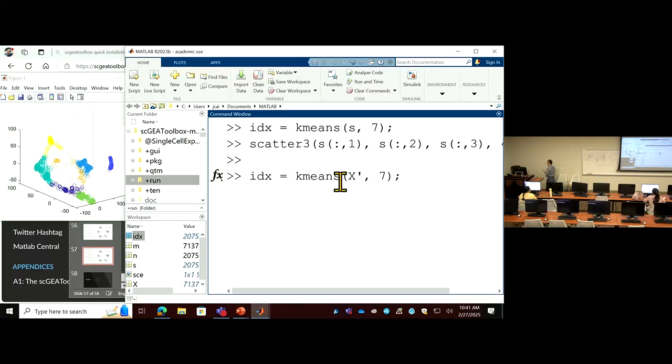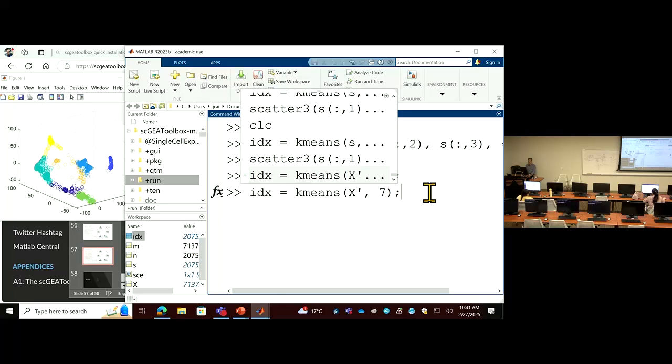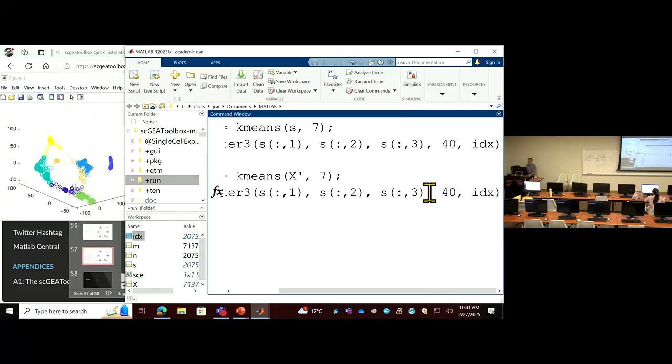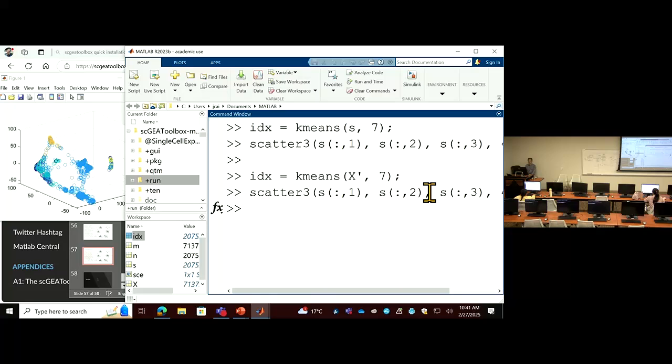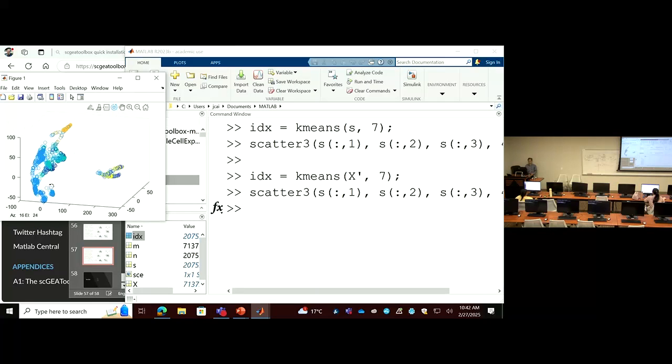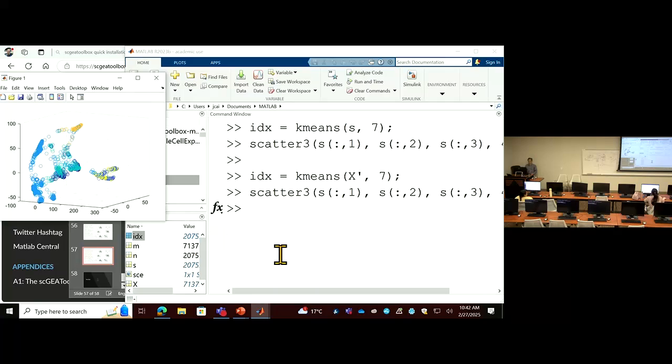So I just want to see if we use not embedding, but the original matrix, what we can get. So this result looks not as good as when we cluster directly using the embedding.